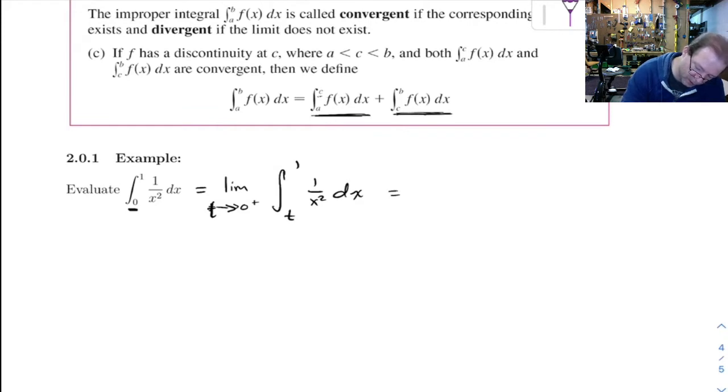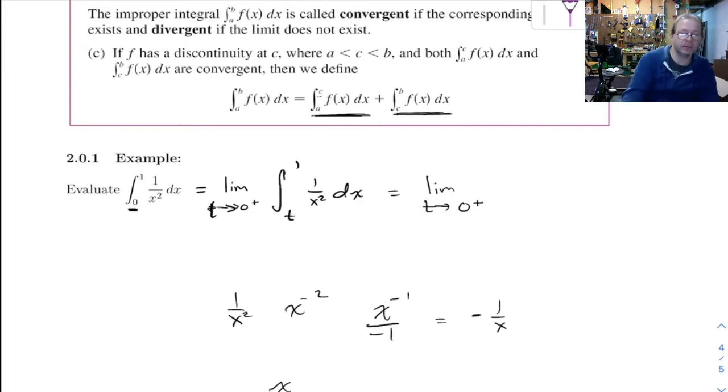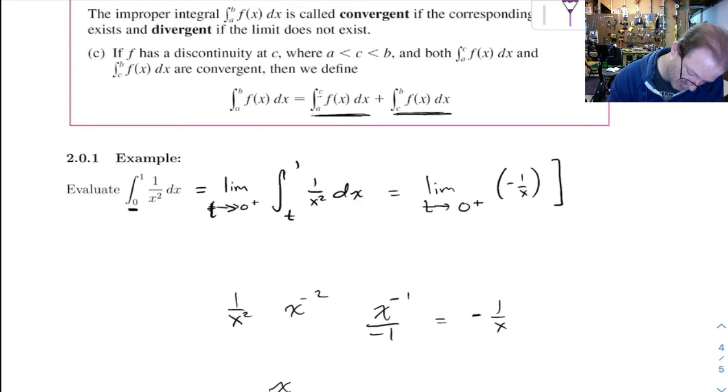Now if you integrate 1 over x squared, that's x to the minus 2. When you integrate that, you get x to the minus 1 over negative 1, or minus 1 over x. So this is going to be negative 1 over x, going from t to 1.